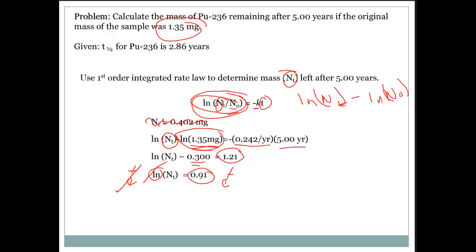So we're going to have e to the x of 0.91. When you take e to the x of 0.91, the N of t is then equal to 0.402 milligrams. And that's how you solve for radioactive isotope decay.